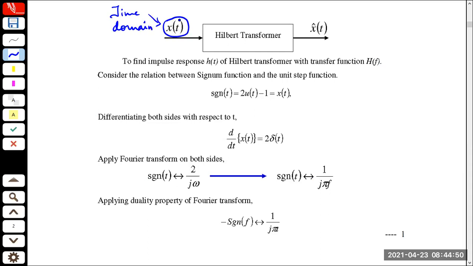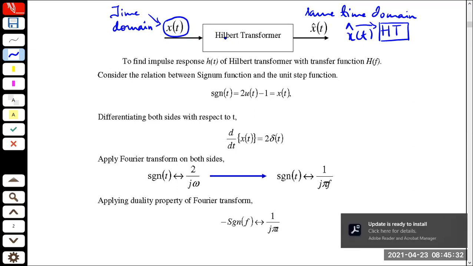When we make this signal pass through the Hilbert transform, we end up with the Hilbert transform of that signal, which lies in the same time domain, because you can see that still this x is a function of time, but we have this additional cap on x. This cap indicates the Hilbert transform.